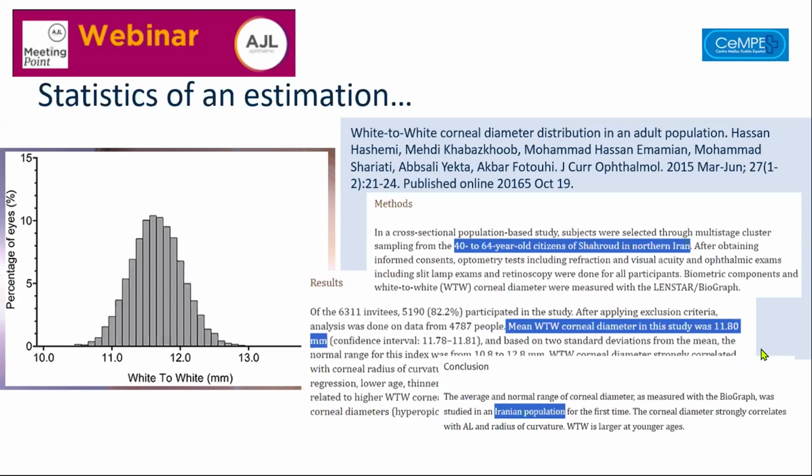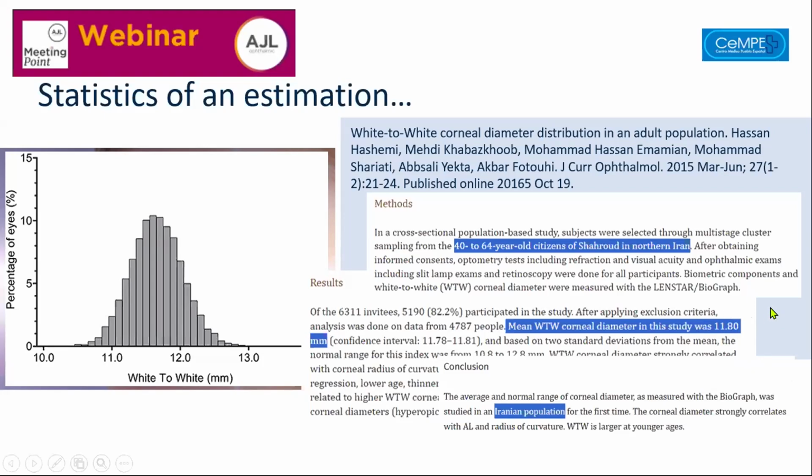So the other advice is know your machine, and know what your machine is saying about the statistics. When it marks a patient outside of the range, or outside two standard deviations from the mean value, what is the mean value and what is considered a mean value depends on where the study was done.